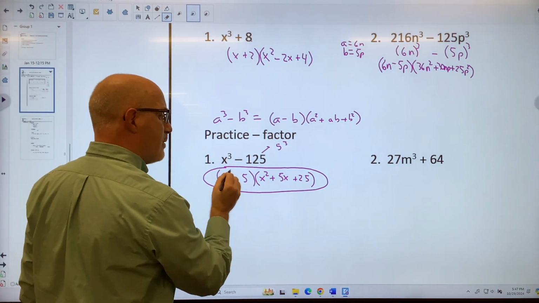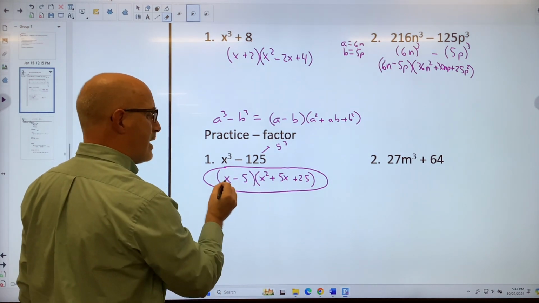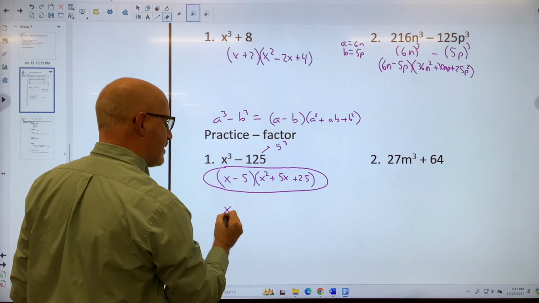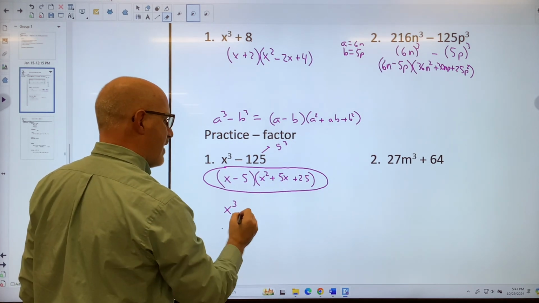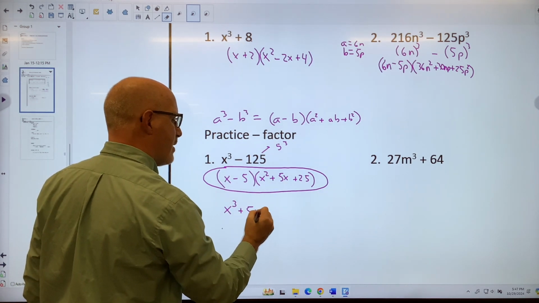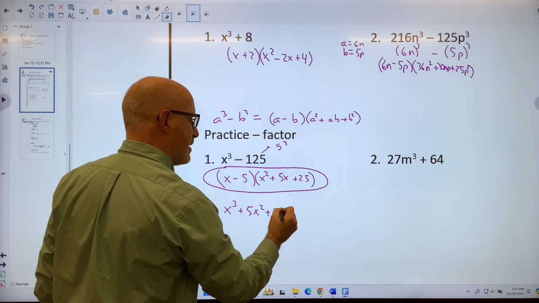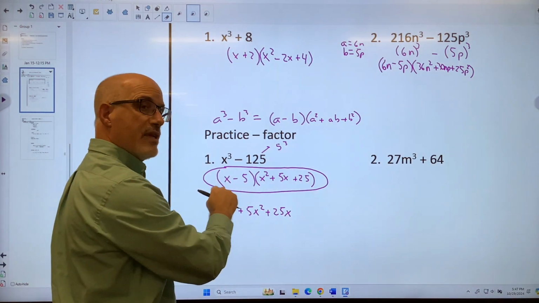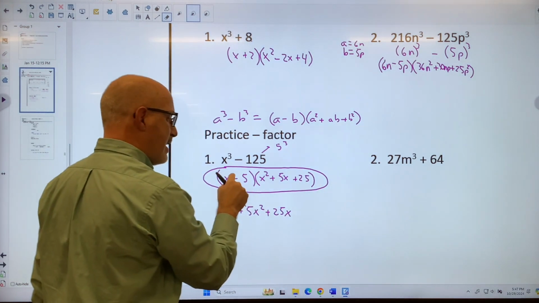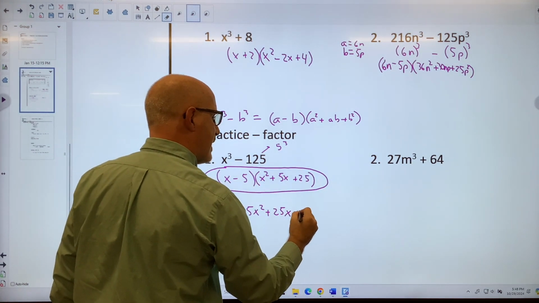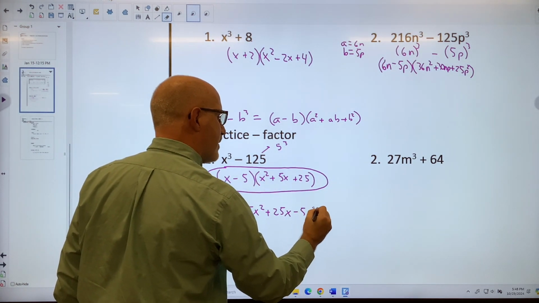This is the final answer to factoring, but let's confirm it by multiplying through. So we're going to distribute through the x to each one of these three. X times x squared is x cubed. X times 5x is 5x squared. X times 25 is 25x. Now let's distribute through the negative 5 to each of these. Negative 5 times x squared is negative 5x squared.